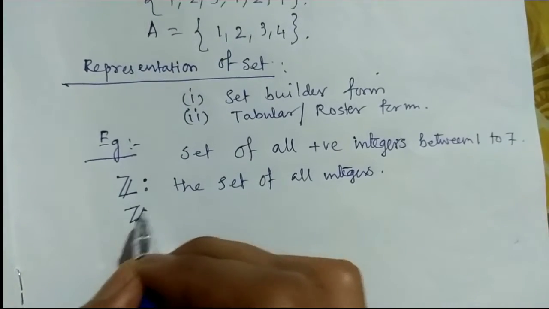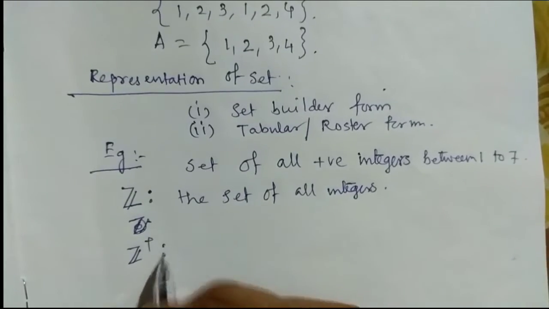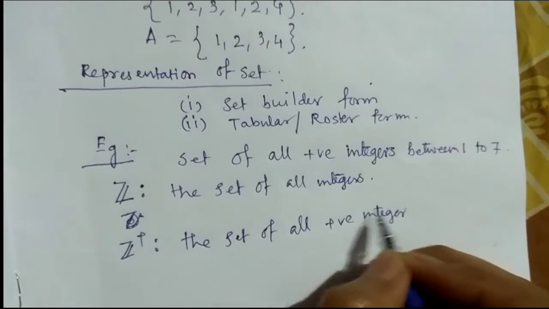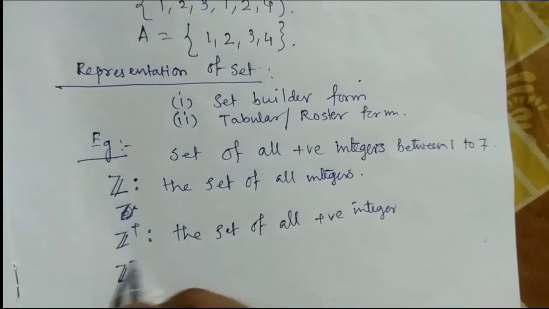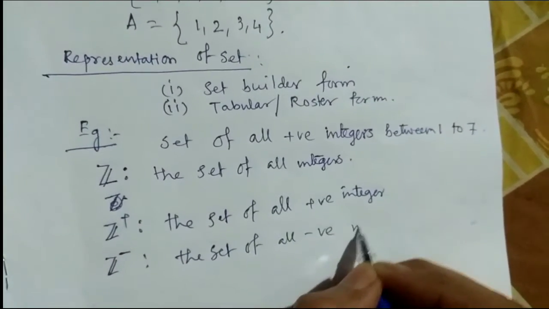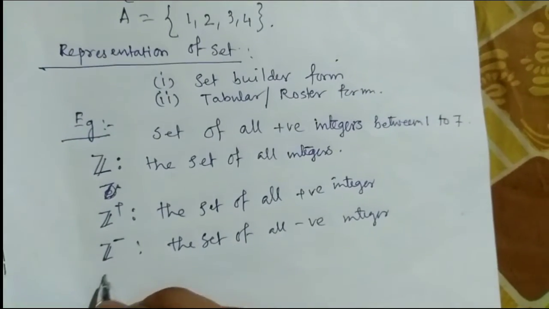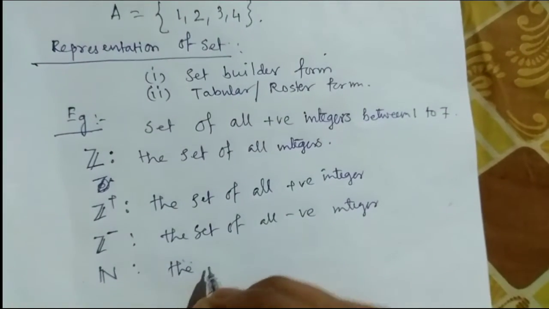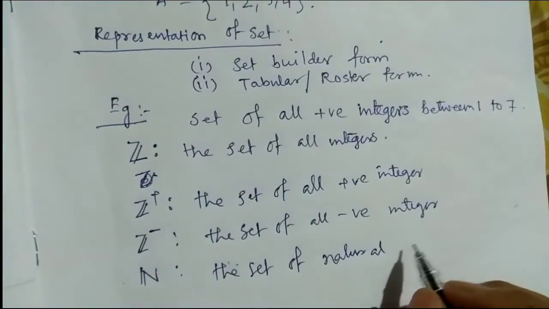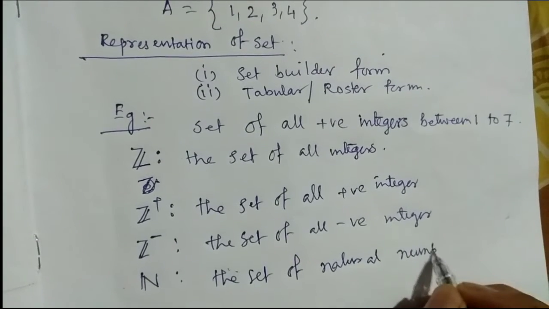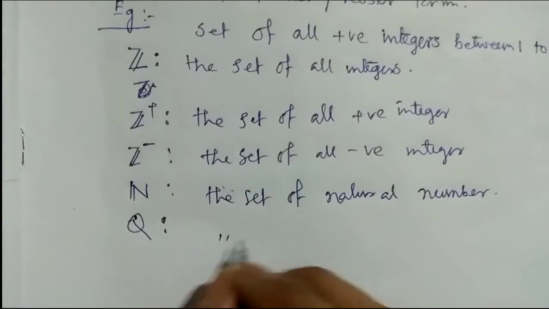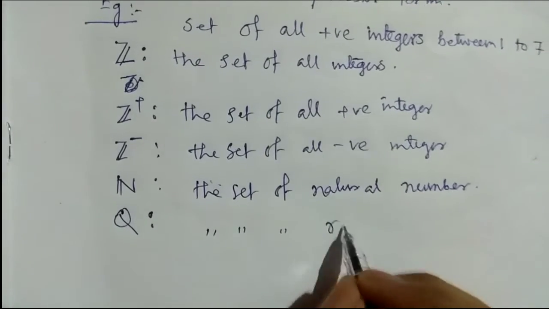Similarly, Z plus is the set of all positive integers, Z minus is the set of all negative integers, N is the set of all natural numbers, and Q is the set of all rational numbers.